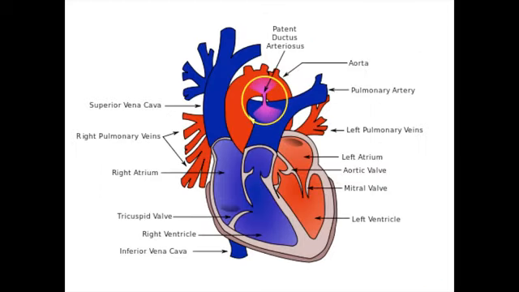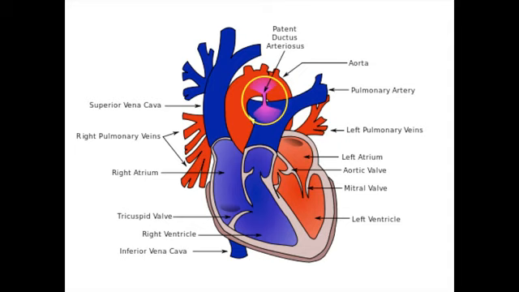If you look at this diagram, you can see how the ductus arteriosus is connecting the pulmonary artery to the aorta. At birth, the pulmonary resistance falls as lungs fill with air. The blood flows through the patent ductus arteriosus from left to right.